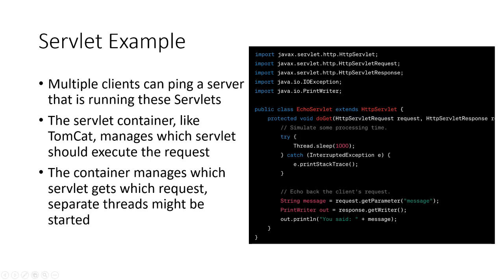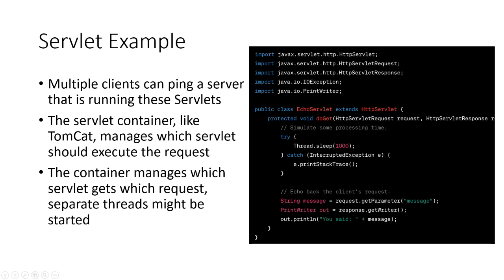Here on the right, we have a simple example: this Echo servlet. It's got a method that I'm sure it inherits from the HttpServlet class. It's probably something that is required that it implements here. So you have a doGet, and when you initiate this doGet, you echo back the client's request.